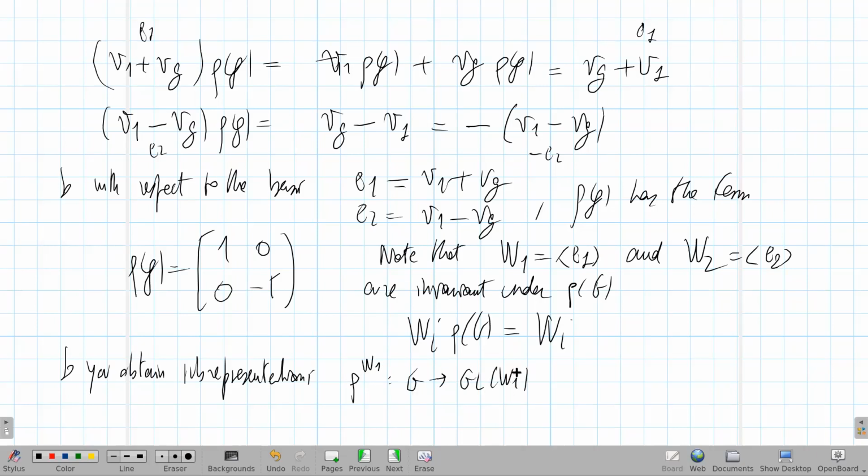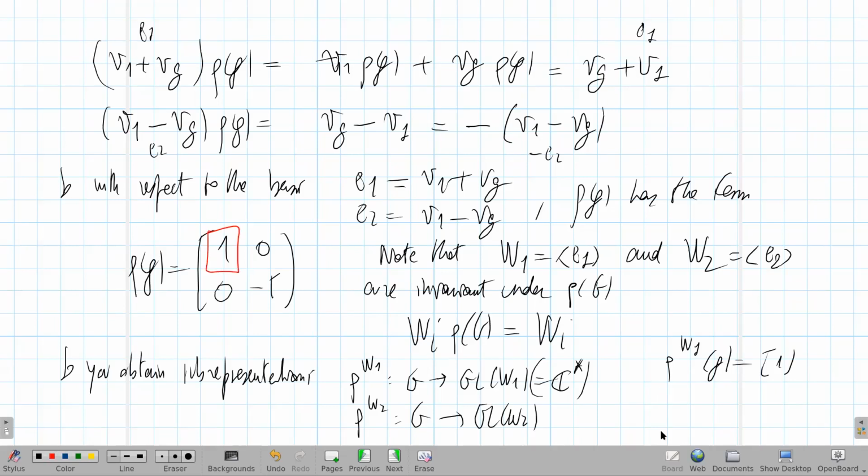This is one-dimensional, so this is just C star, the one by one non-zero matrices. And rho W2 from G to GL W2. And what are these? Well, it's very simple. So you have a one by one matrix. So rho W1 of g is just 1. So it's just this piece here. Whereas rho W2 of g is just minus 1. It's just this piece here.